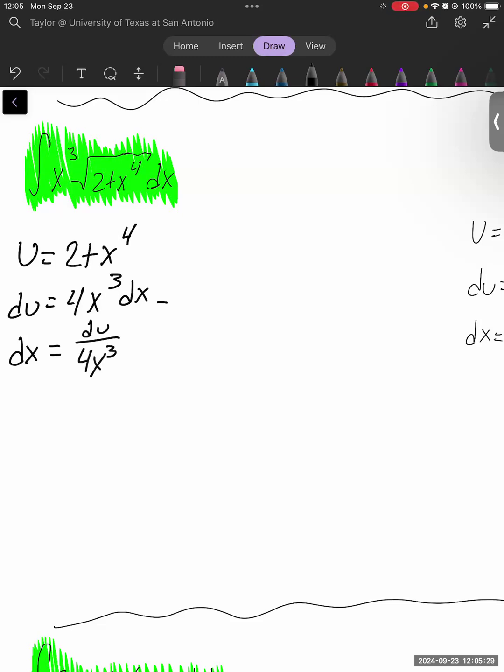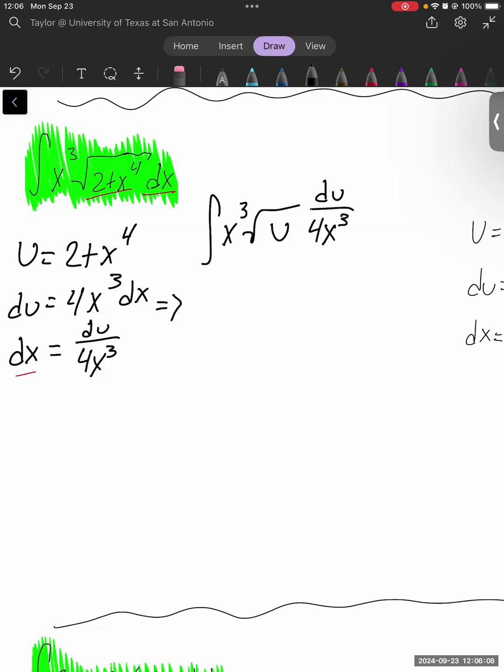All right, and then so substituting that back in, I'm going to go ahead and substitute in u for this term here, and I'm going to substitute in my dx term here. All right, so rewriting this integral here, we've got the integral of x cubed square root u, and then substituting in dx, I've got du over 4x cubed.